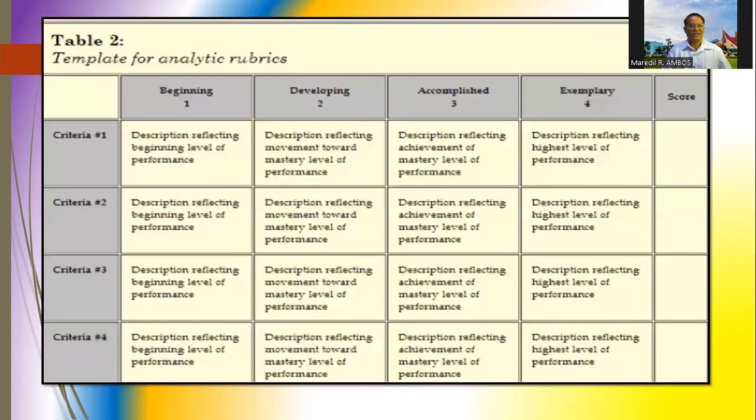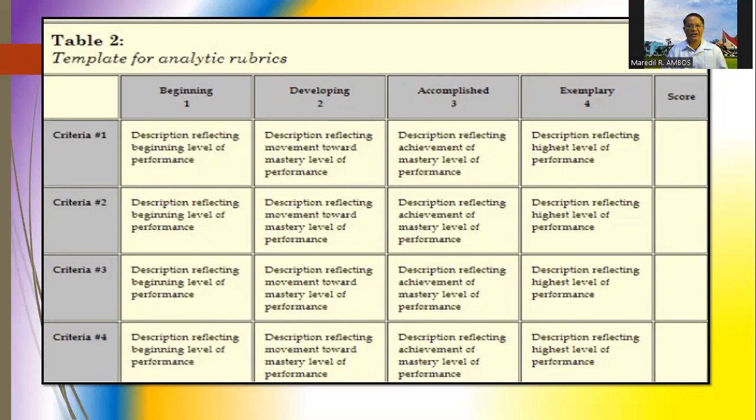Okay, here is an example of an analytic rubric wherein you can see the criteria, such as criteria 1, criteria 2, criteria 3, criteria 4, and you can see the scores for beginning, developing, accomplished, or exemplary. Let's have the descriptor for exemplary.